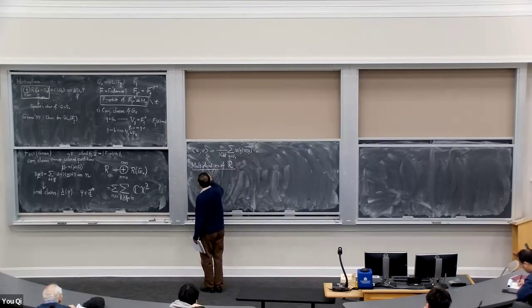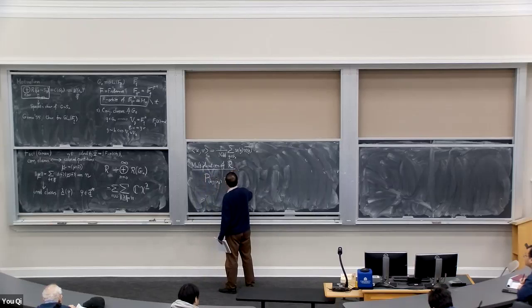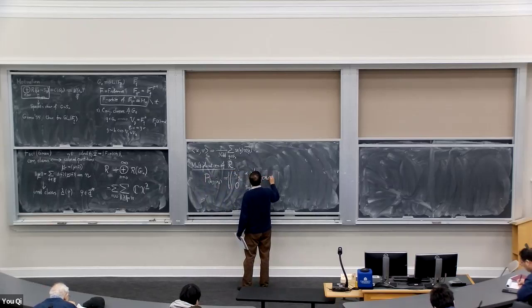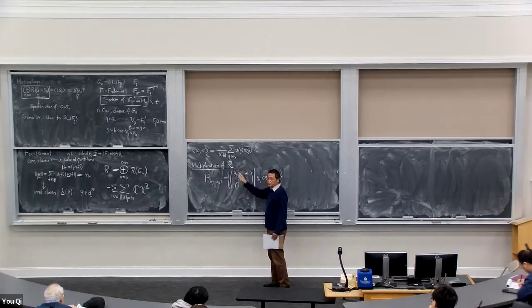First of all, if there is a composition, then you can define this parabolic, where you require this to come from the invertible regular element here.